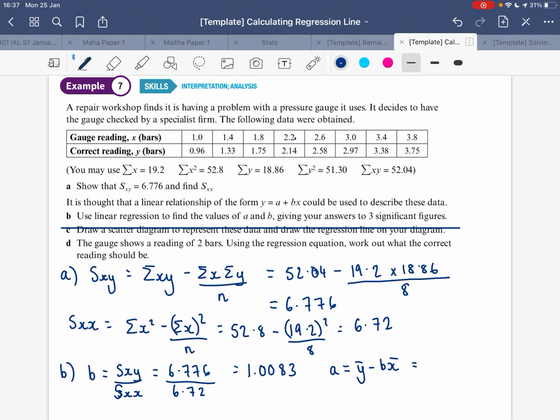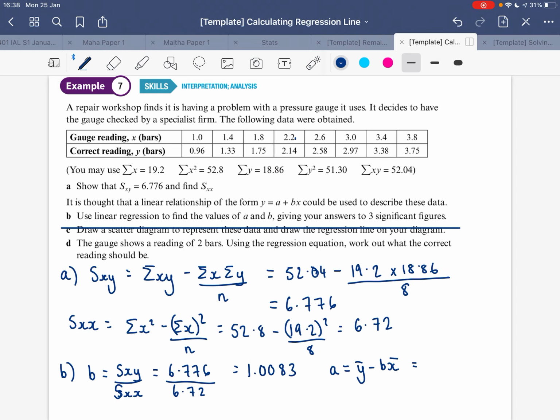So x bar is 19.2 divided by 8, which is 2.4.